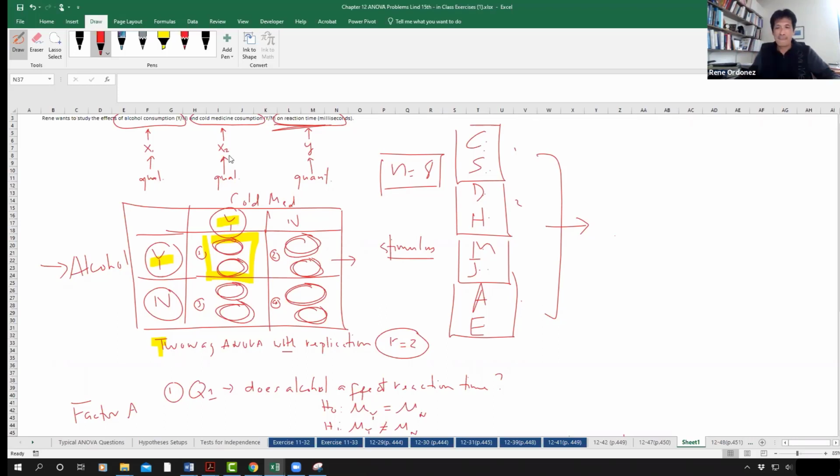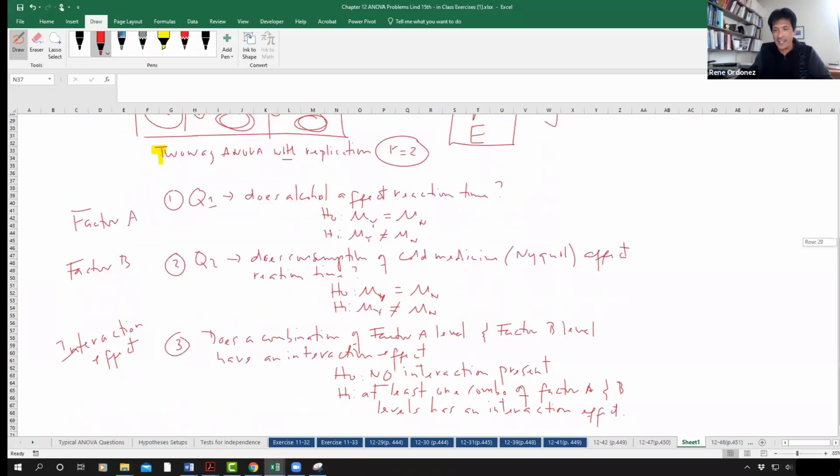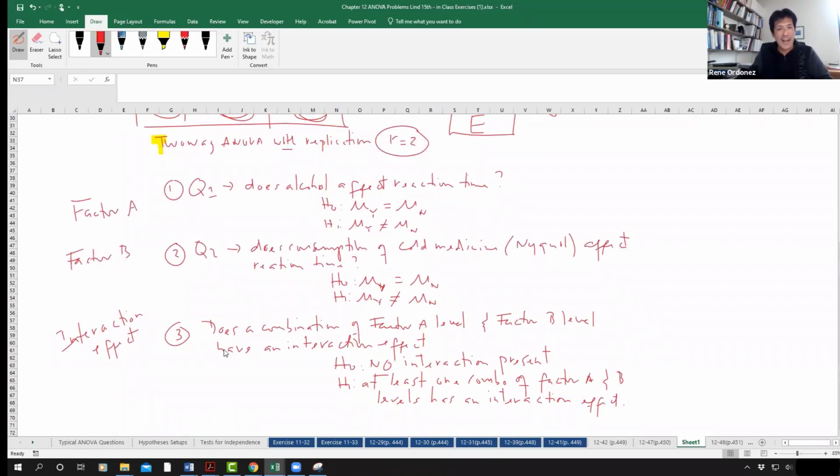Okay, so that's what the interaction effect is when you have an ANOVA with replication. So 3 different pairs of hypotheses. We've already seen 1 and 2. We'll see what 3 is with respect to this test.